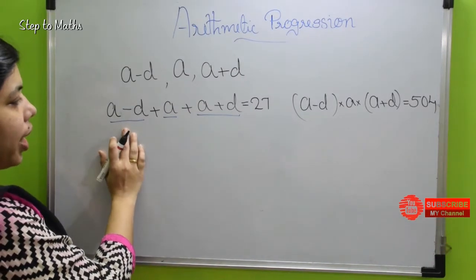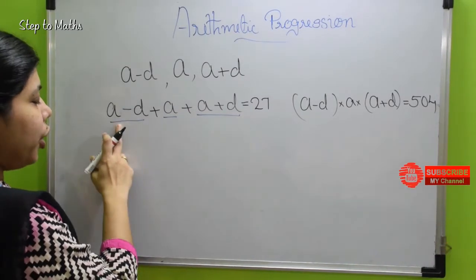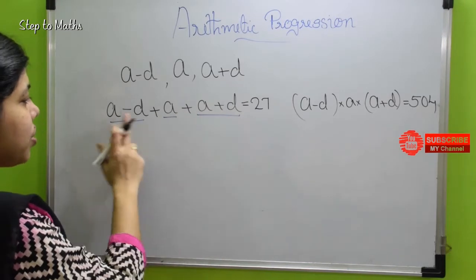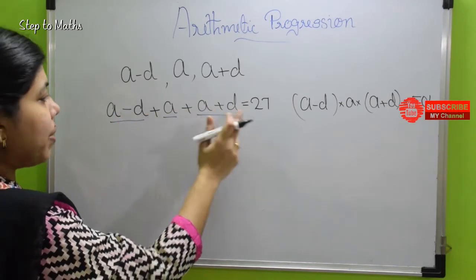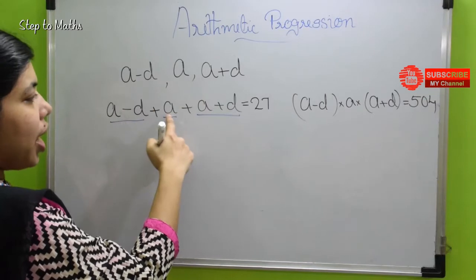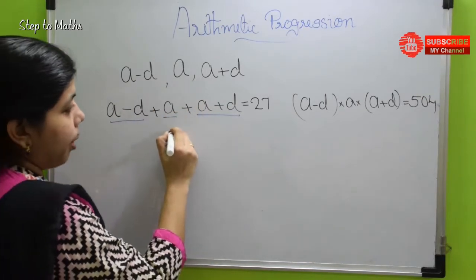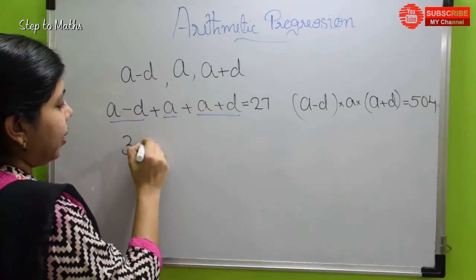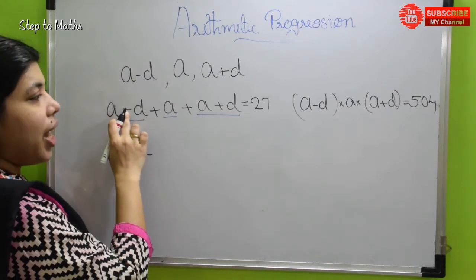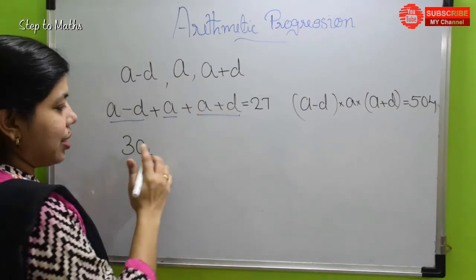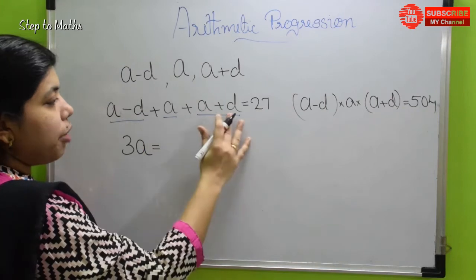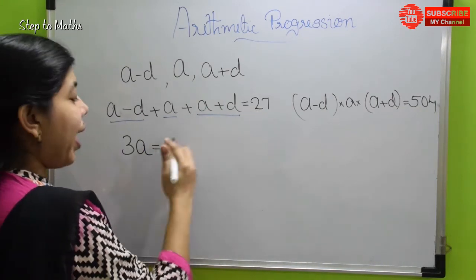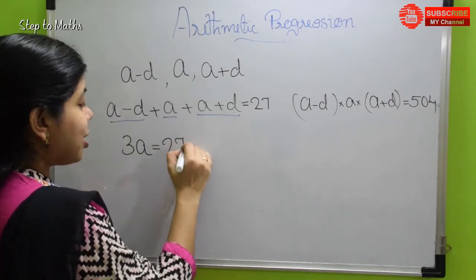And from its sum, if we add these three terms, a minus d plus a plus d, a plus a plus a, that is 3a. Minus d plus d get cancelled. So the left hand side becomes 3a and 3a is equal to 27.